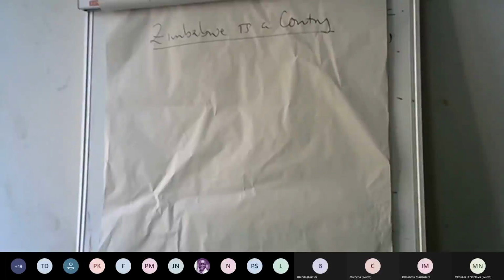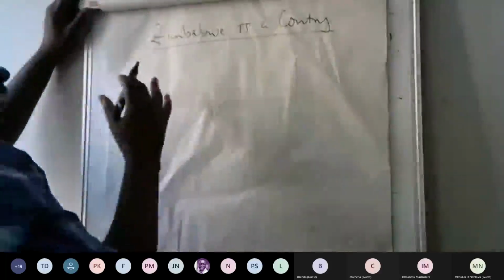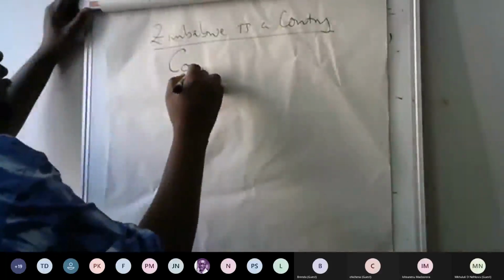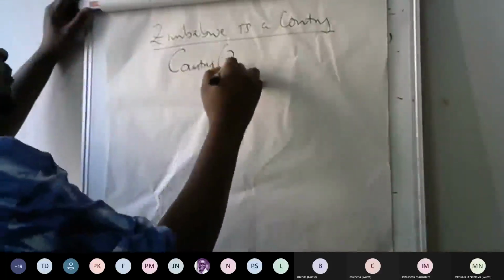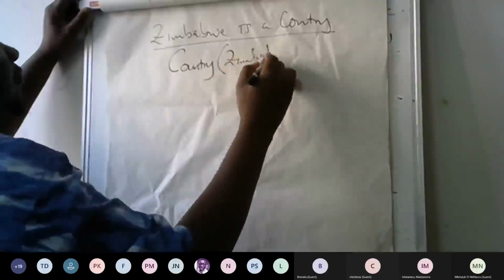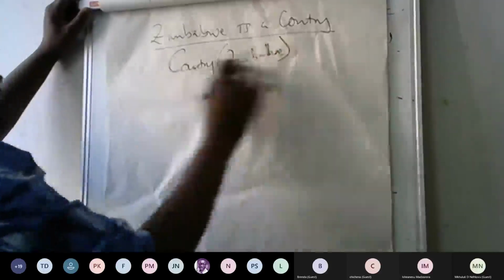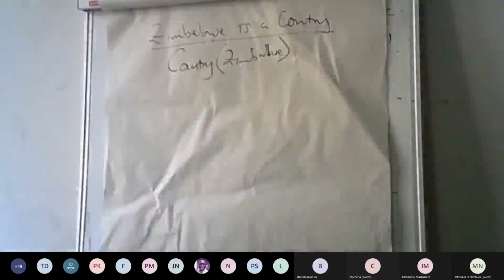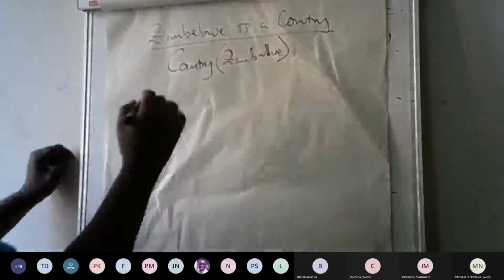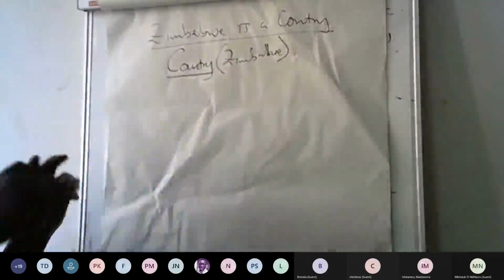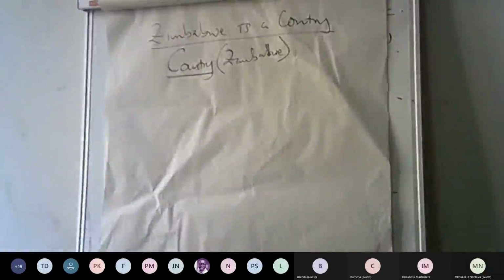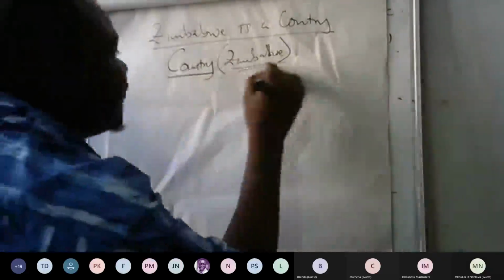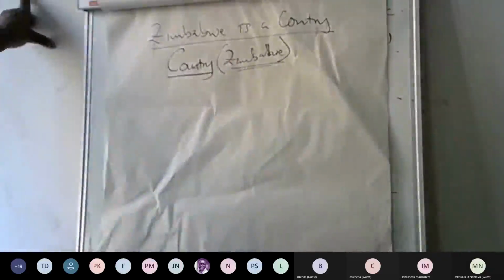I'll put my global variable outside. I'll say Country, in brackets, Zimbabwe. That's the equivalent of that. This Country is the global, but Zimbabwe is a specific instance of a country.